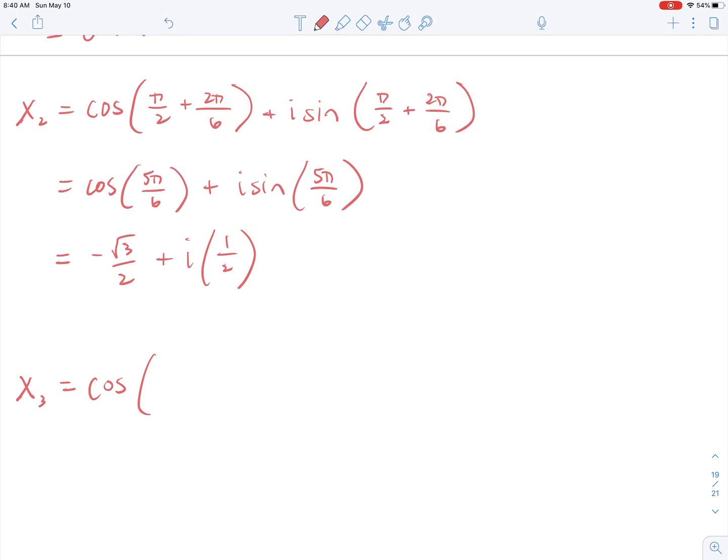Remember, there's 6 solutions total, so we're going to go up to x sub 5. Okay, so x sub 3. I'm going to take that previous angle, 5 pi over 6, and add 2 pi over 6.